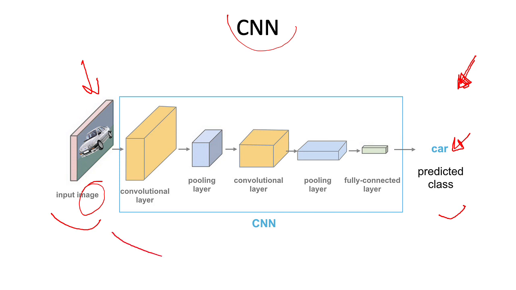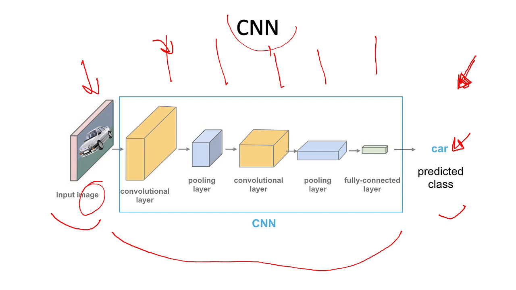Now the structure of a CNN is really just like we said about multi-layer perceptrons. You can have multiple hidden layers between the input and the output layer. The only difference is that these hidden layers are of different types.